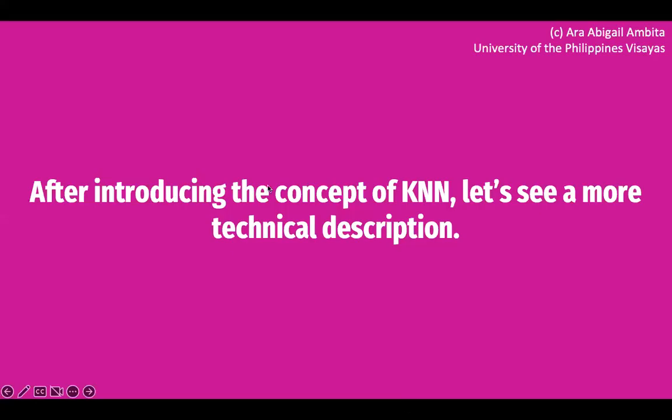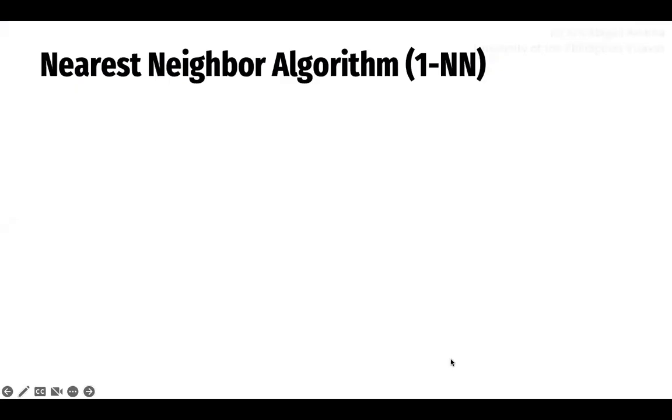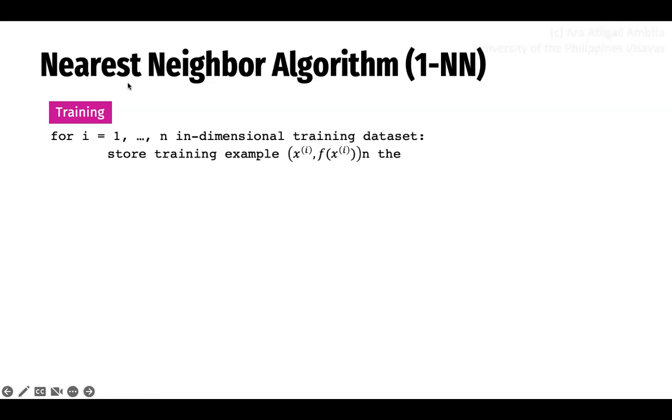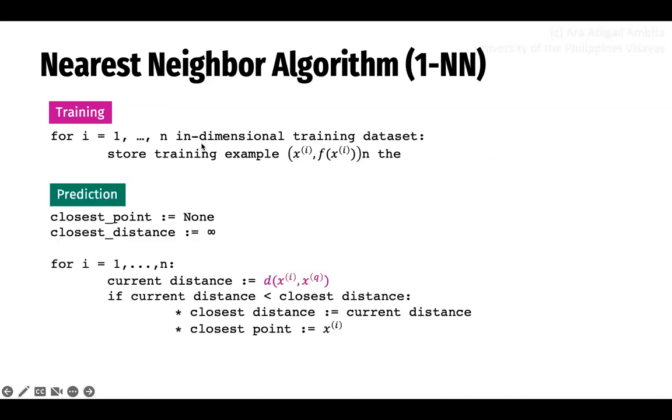So after introducing the concept of KNN, let us see a more technical description. This is a naive algorithm for the nearest neighbor algorithm. For the training set, we simply store the training examples as pairs of X features with the corresponding Y labels. Then for the prediction, we first initialize a closest point and the closest distance to none and infinity.